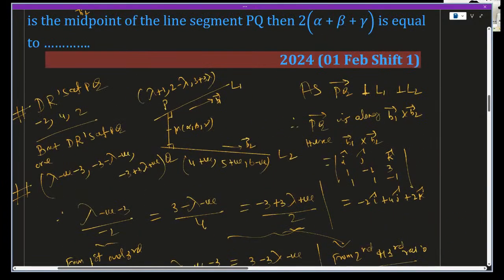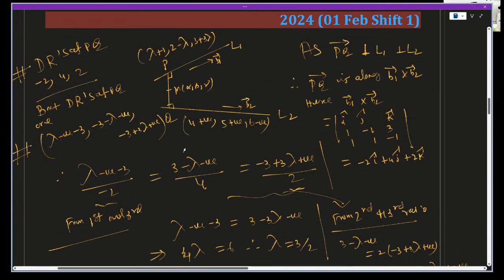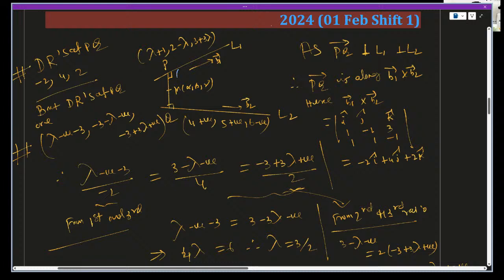This was our aim only. Now you can write the points. By putting lambda equal to 3 by 2, the point P is going to be (5 by 2, half, 9 by 2).